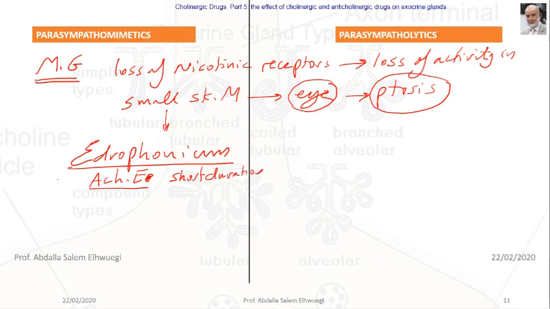It acts only a few minutes. So to this patient who is suffering from ptosis, they give edrophonium intravenously.